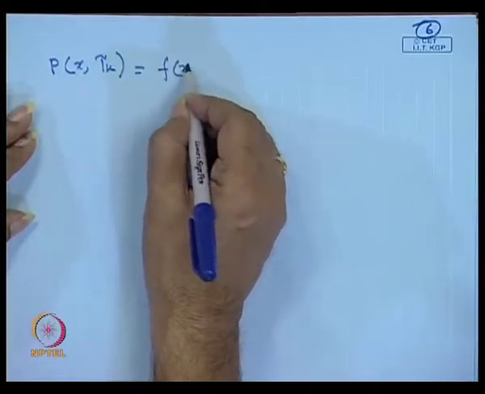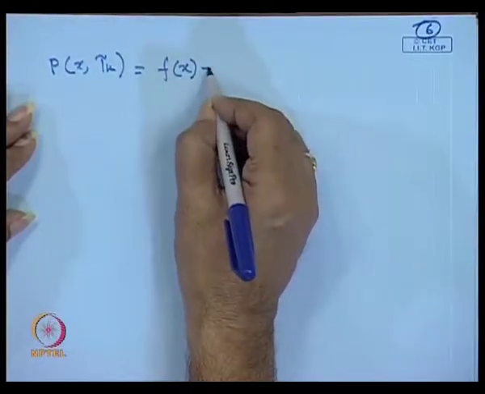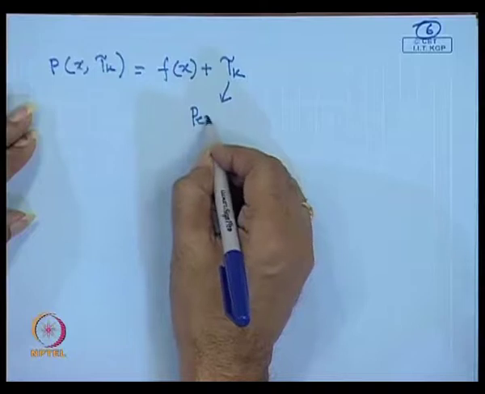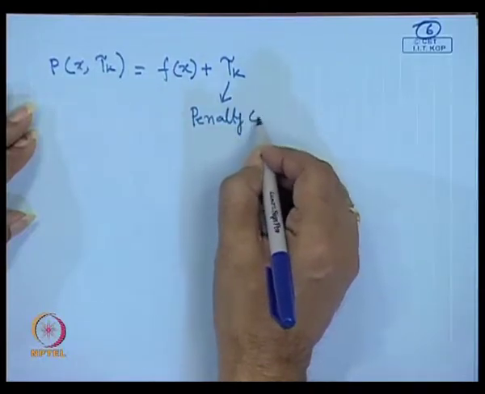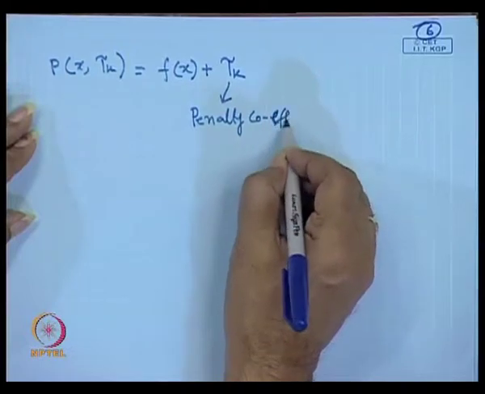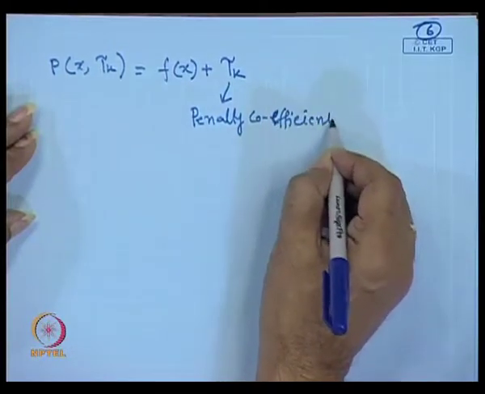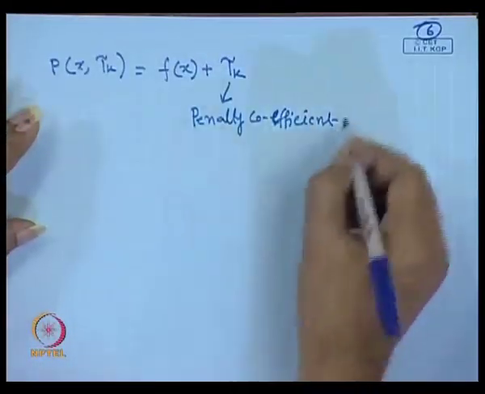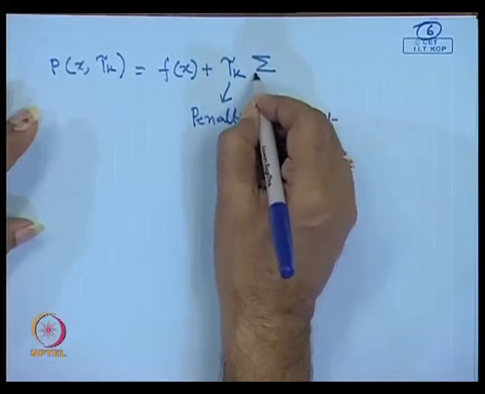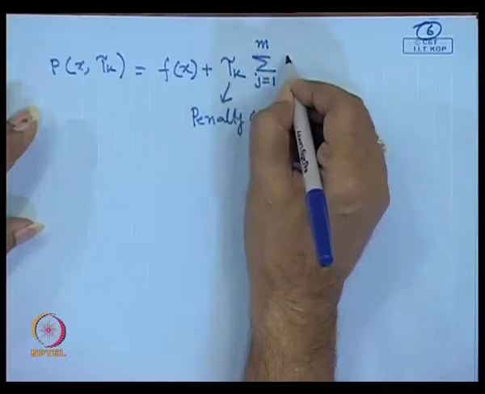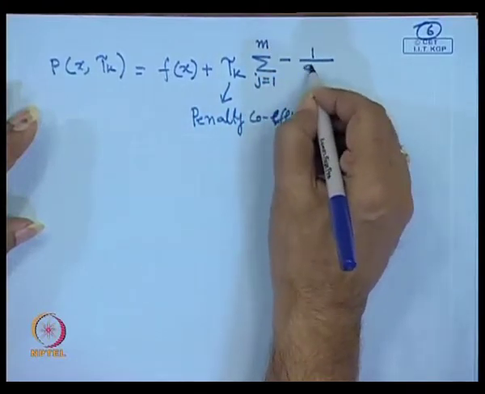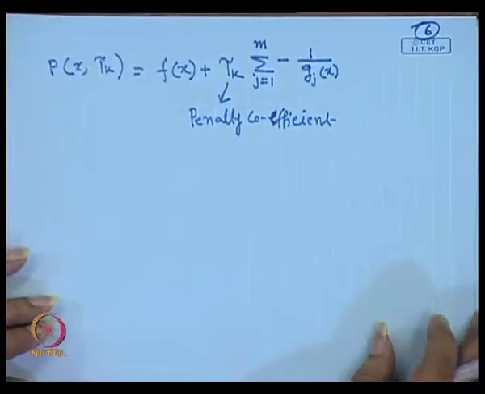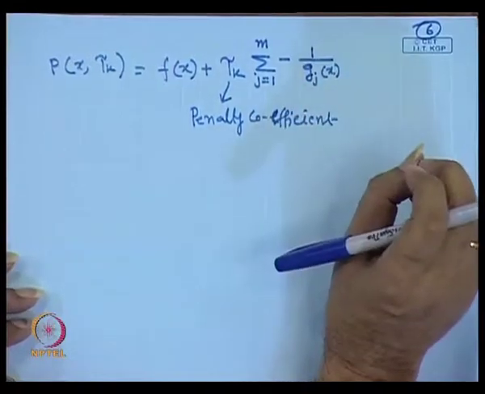Agree? So our g of x for this one is 2 minus x, so we write minus 1 by 2 minus x, and our initial guess is in the feasible region, so the x value will be greater than 2. When x is equal to 2, the function value is very large, then it goes on decreasing and approaches the objective function asymptotically.